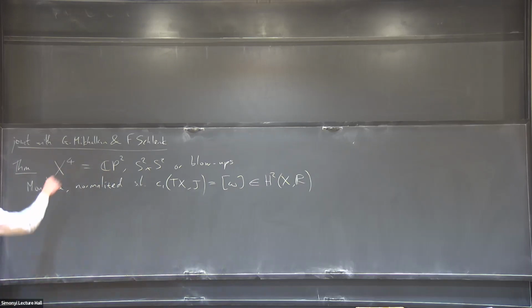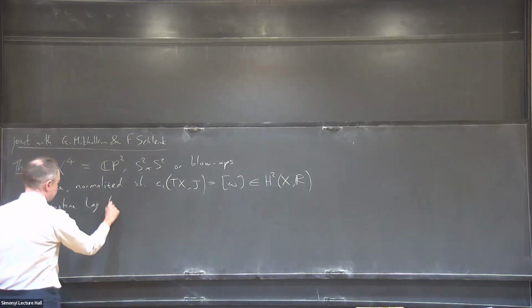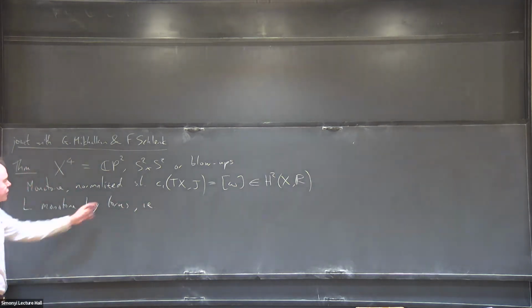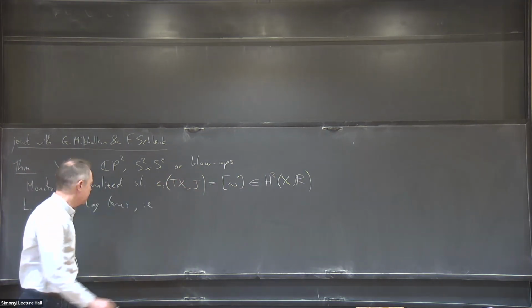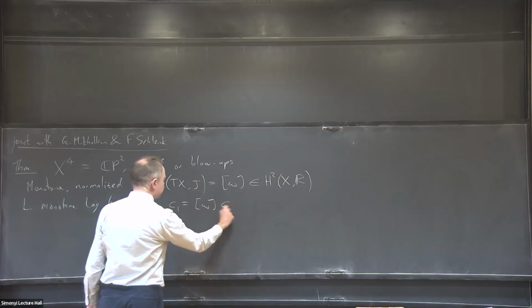Right, and then L is a Lagrangian torus, monotone as well. So a monotone Lagrangian torus. And with these normalizations, you get the same formula but in relative cohomology. So C1 is omega, also as a relative class.